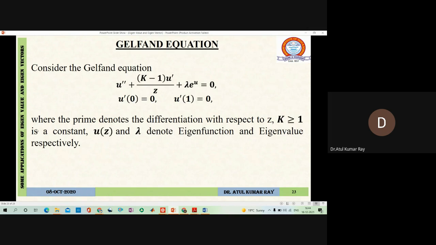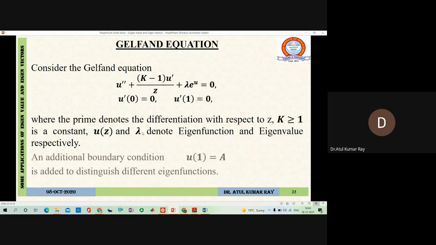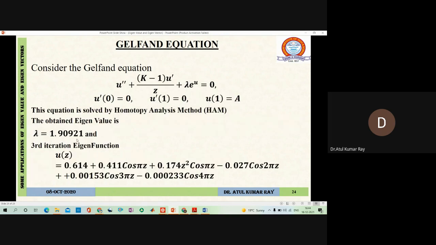We need to find this u as well as this lambda. Because there are many eigenvectors, if I wish to take only one, I put one more condition, u of 1 is equal to a. This a is taken as 3 in the equation, but I think it is not mentioned here.